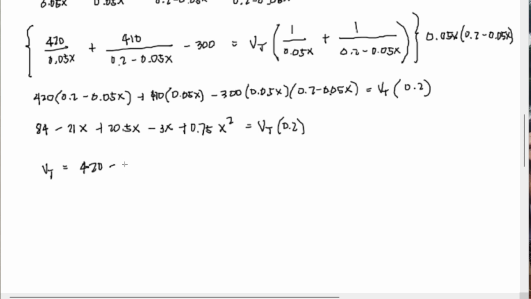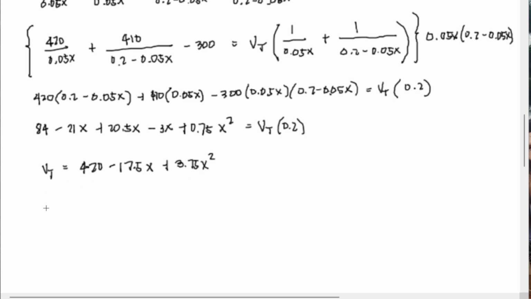So minus 17.5x, then itong 0.75 divided by 0.2 is 3.75, plus 3.75x squared. Okay, so ito na yung VT in terms of x.